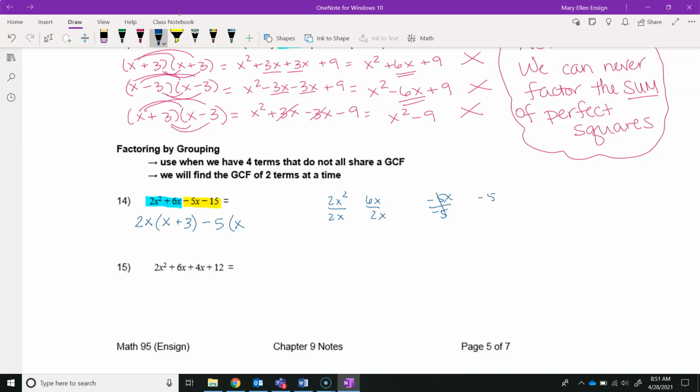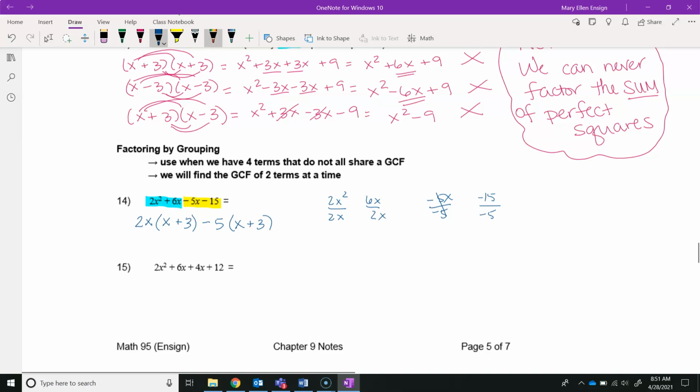And then watch your signs. If I have a negative 15 and I divide out a negative 5, I have plus 3. So I have taken the first two, found a greatest common factor of those, took the second two, found a greatest common factor of those.